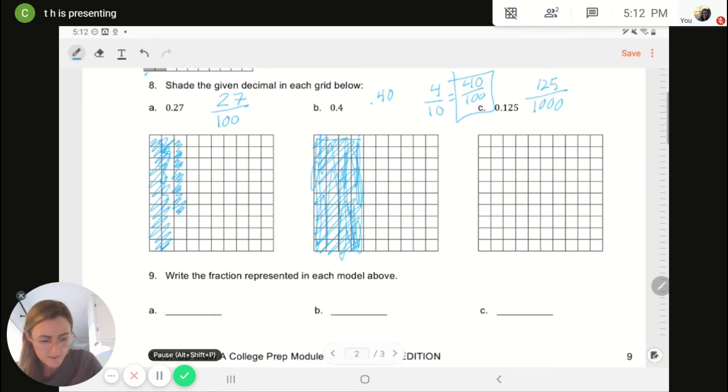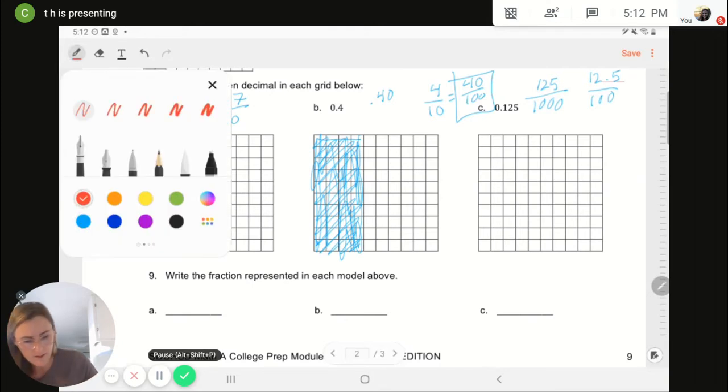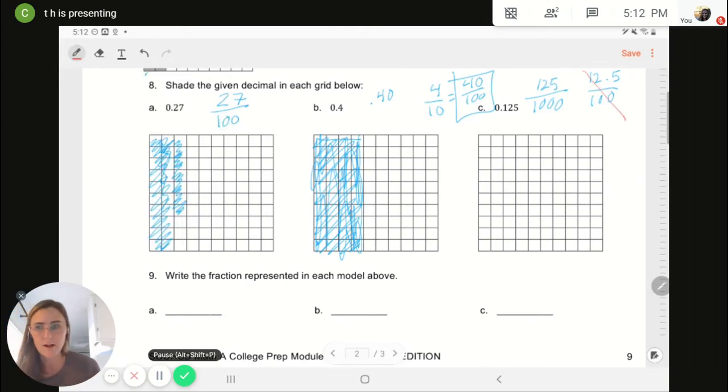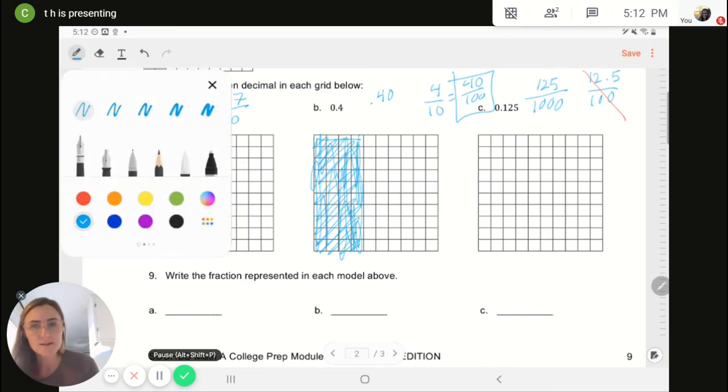Well, if I were to just write this out of 100, that would be 12.5 boxes out of 100, which we really don't want to write our fraction like this because there's a decimal in a fraction. So normally we would never write that, but in this case, it's going to help us actually shade in the boxes.